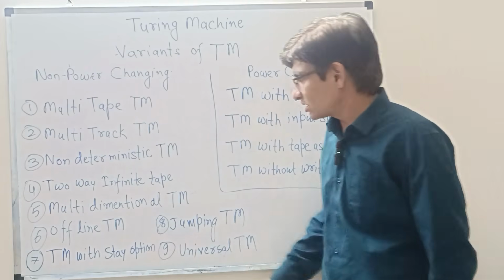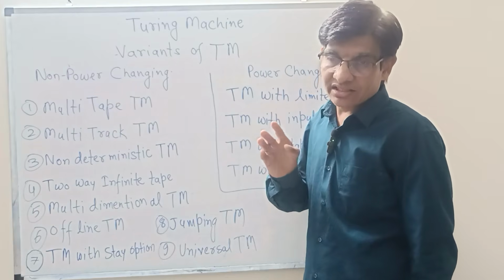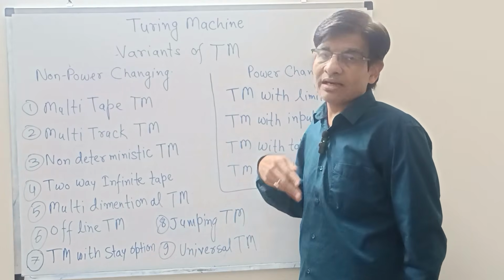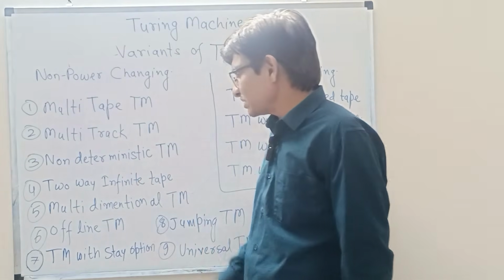But in case of non-deterministic Turing machine, for one combination of current state and current input symbol, you can have multiple options. So this is non-deterministic Turing machine.